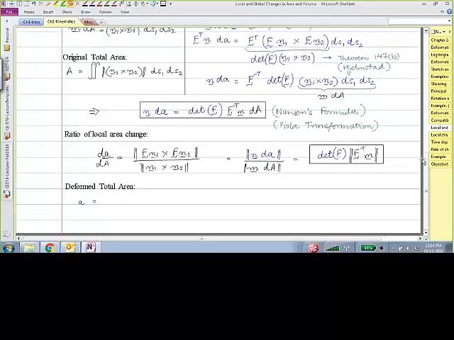Okay? So with all of that, we can find the deformed area as the double integral of the norm of dx/ds1 cross dx/ds2, ds1 ds2.